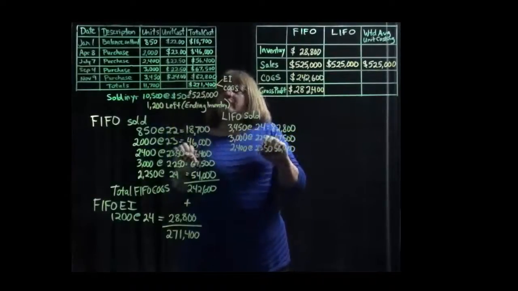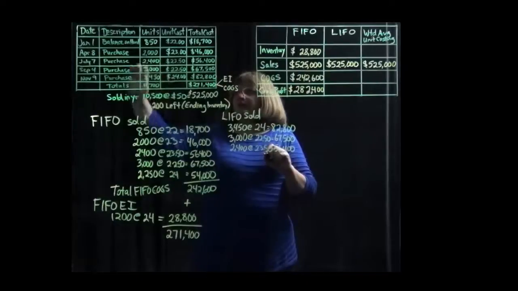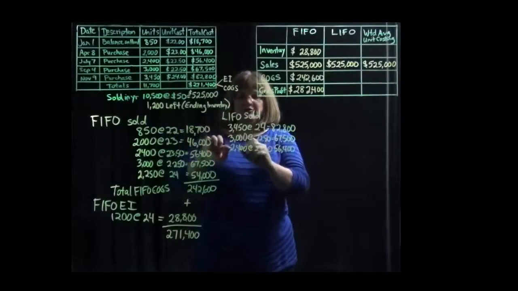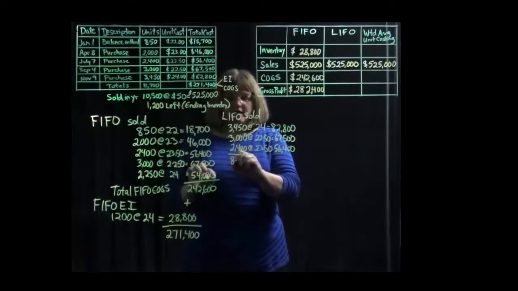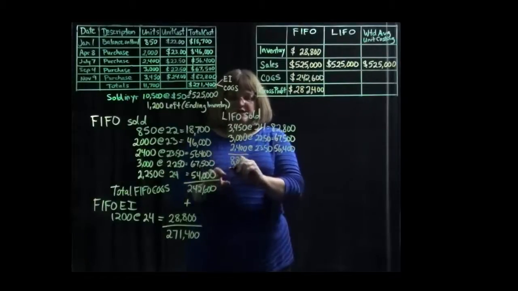And then we're going to assume that we sold part of the ones that we bought on April the 8th. And so we're going to say, okay, these three numbers here, the 3,450 plus 3,000 plus 2,400, that equals 8,850. We know we sold 10,500.